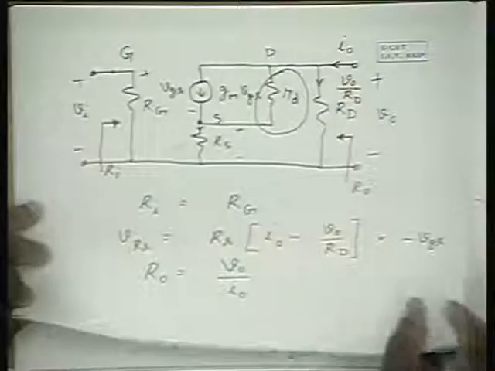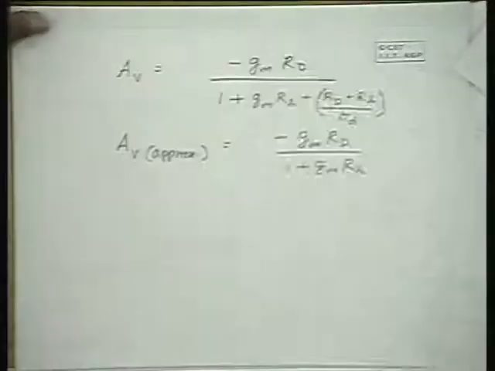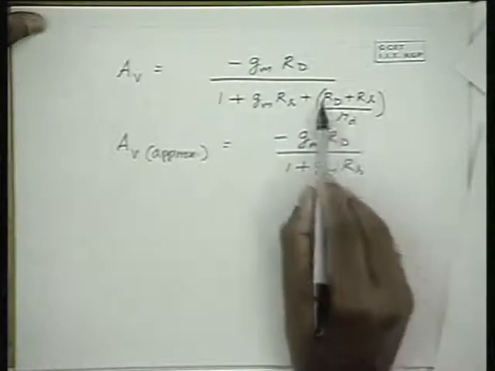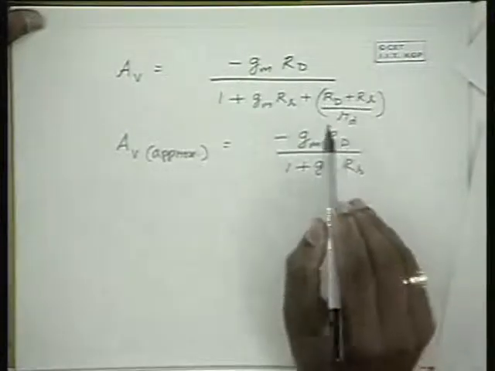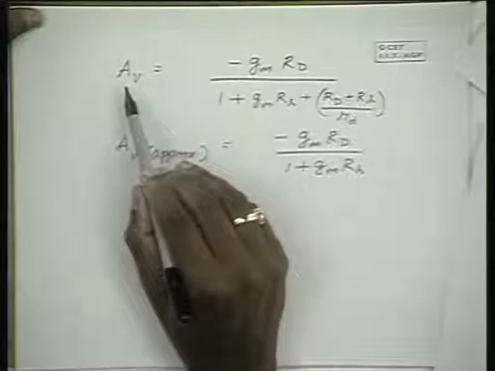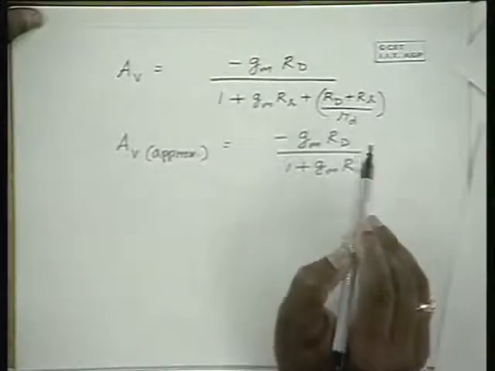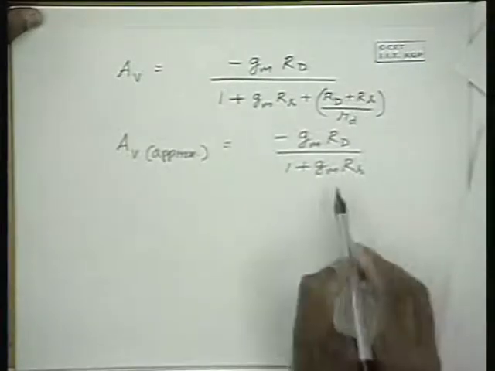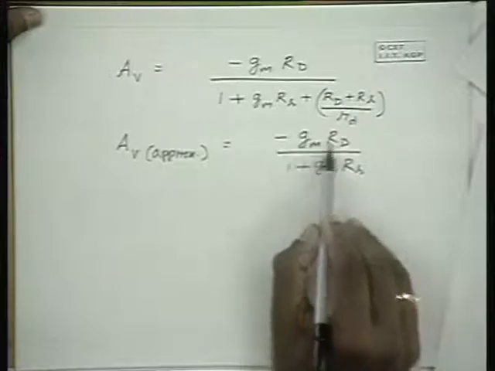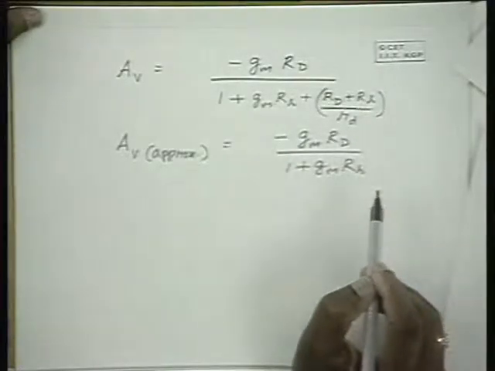Now, if you include this RD, you will find that the voltage gain has an additional term in its expression, this one. So, please prove it by yourselves that the accurate expression for voltage gain comes out to be this. Otherwise, it is equal to minus GM RD by 1 plus GM RS. When RS is 0, please note that it is equal to minus GM RD itself, as we got for the circuit with the bypass capacitance.